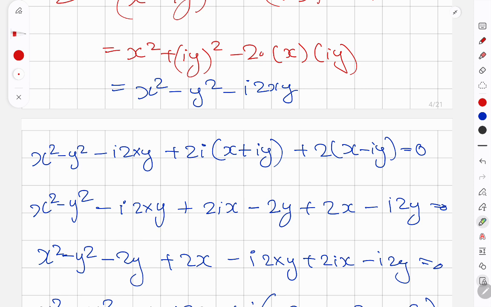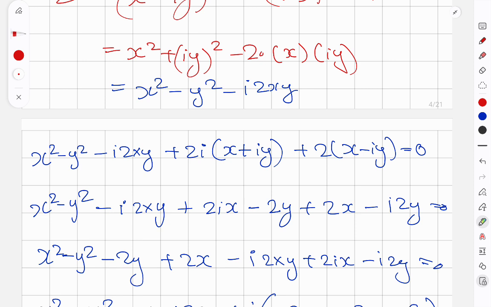If I write this, this one will be x square minus y square, I write it here, minus 2x iy plus 2i, my z is x plus iy. Then I have 2 times x minus iy, equal to 0. In place of this conjugate of z, I just substituted.